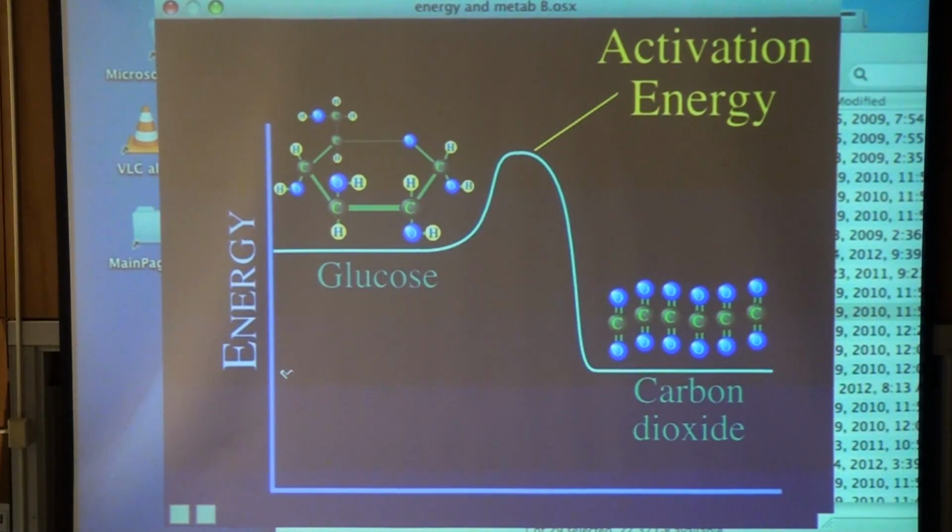So that means that the reactions that take place inside your cells that keep you alive and functioning, keep the cell alive and functioning, have to get over that activation energy barrier. And the cells cannot have little flames inside to heat up the molecules to get them over that activation energy barrier. You're at body temperature, which is usually not enough to get over the activation energy barrier.